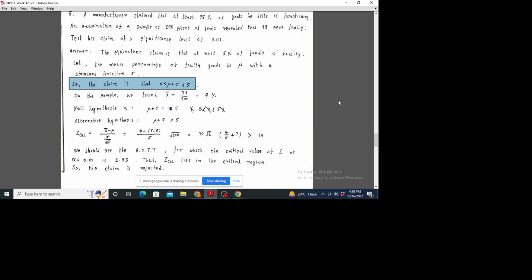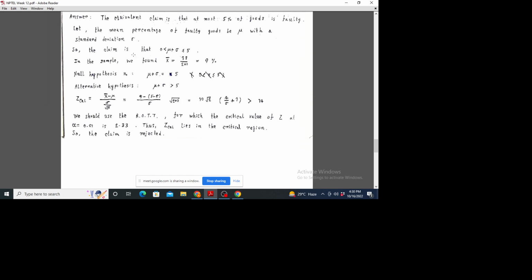So mu plus sigma, after accounting for these errors, must be less than or equal to 5, because he claims that at most 5% is faulty. So in our language that means mu plus sigma less than 5.